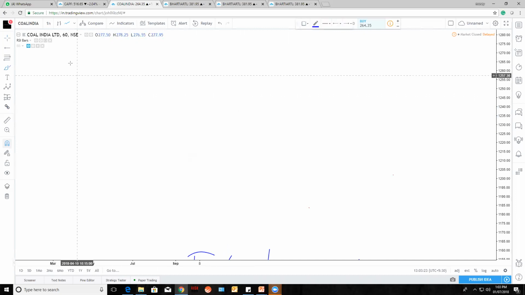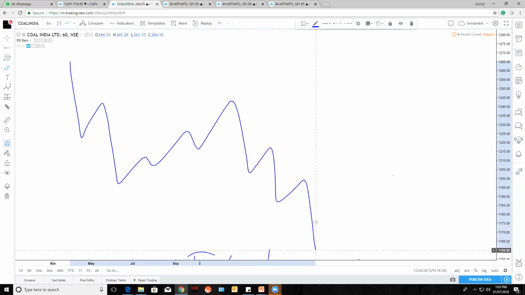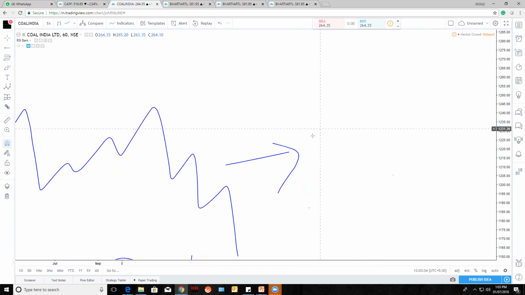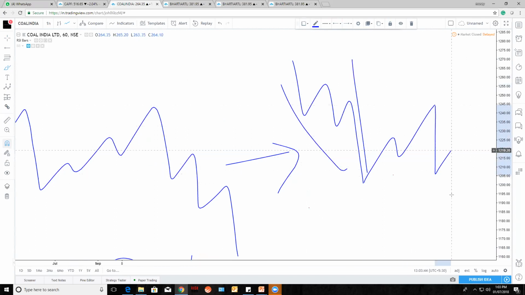In a flat, A wave is a three-wave structure and C remains the same as an impulse or a leading diagonal. In a zigzag, you may get a leading diagonal, or an impulse, or a diagonal.